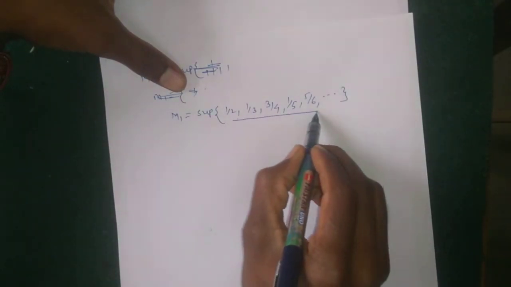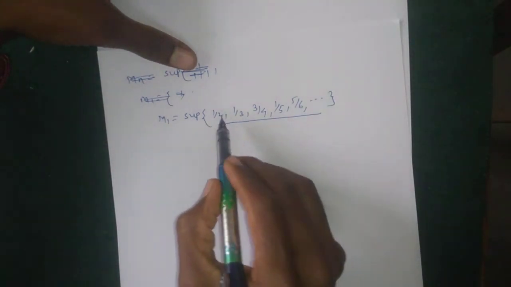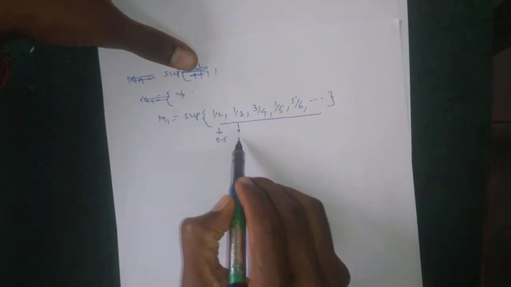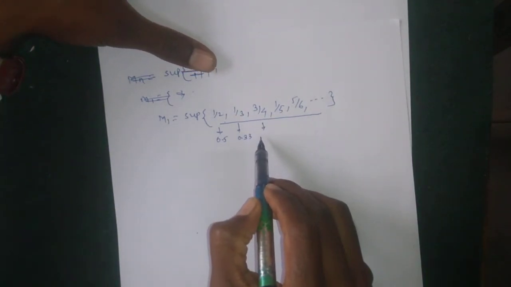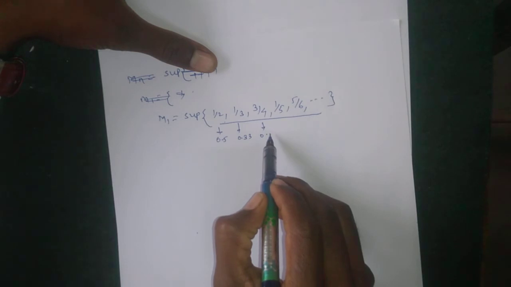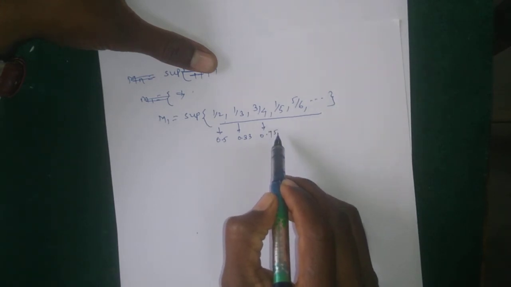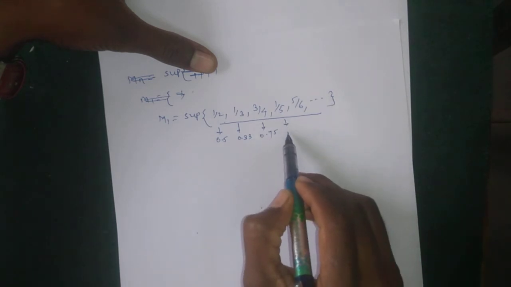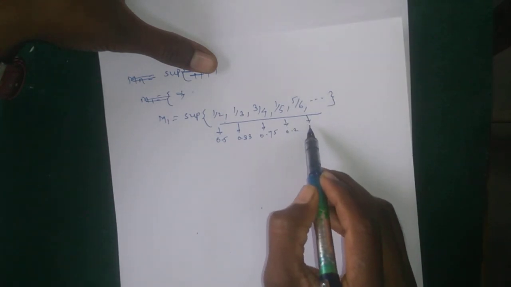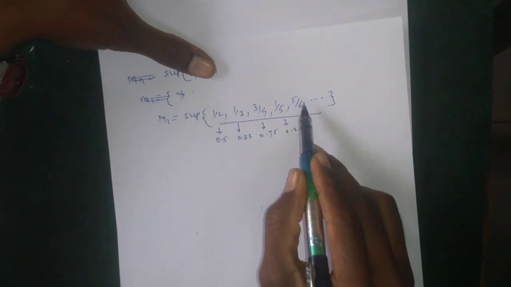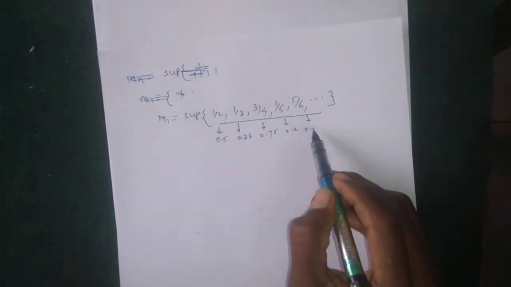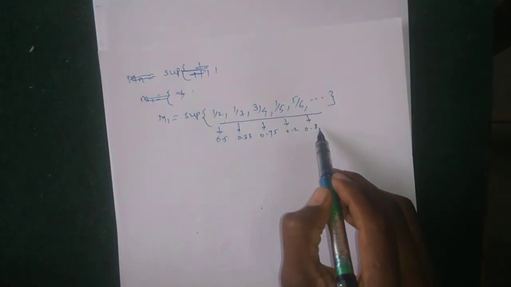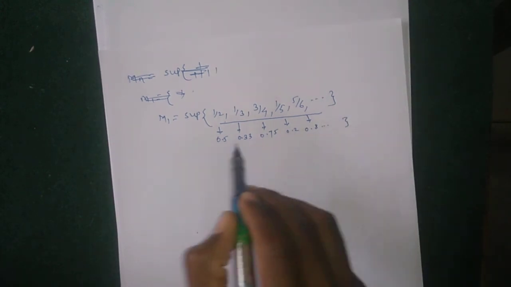Therefore the supremum of all these terms: this is 0.5, this is 0.33, this is 0.75, this is 0.2, and in this way we get their supremum.